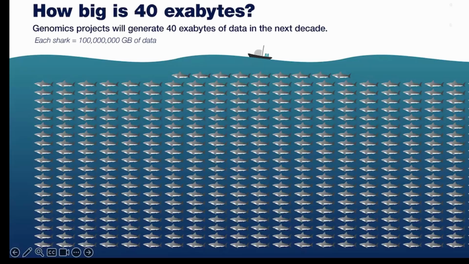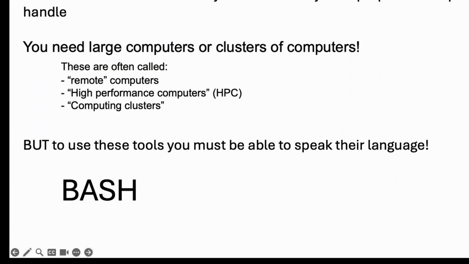If each shark here is 100 million gigabytes of data, then all of the sharks are 40 exabytes of data. And so we're adrift in an ocean of big data, right? And so from this, I think you can probably tell that genomics data is almost always too much for your laptop or your personal computer to handle.